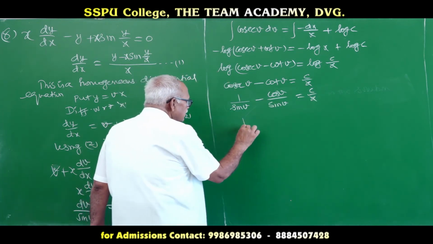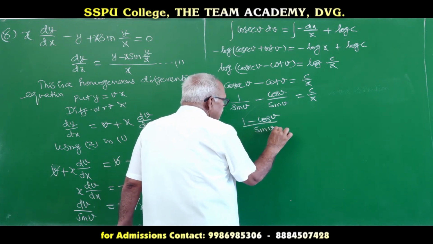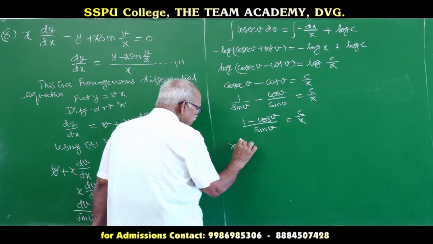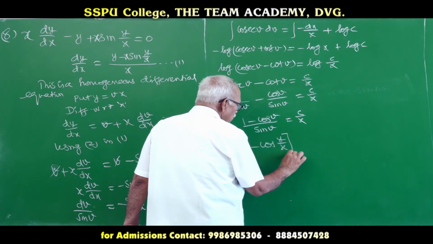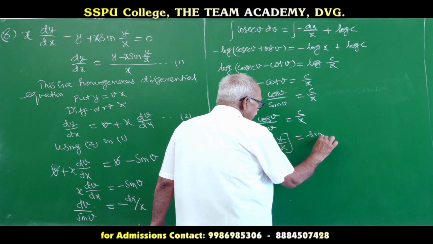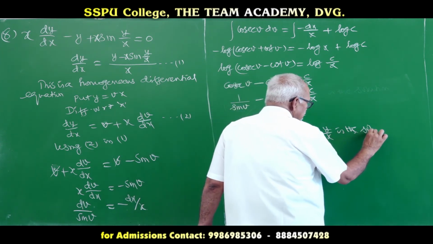So this is 1 minus cos v divided by sin v is equal to c by x. So x into 1 minus cos y by x is equal to sin y by x is the solution.